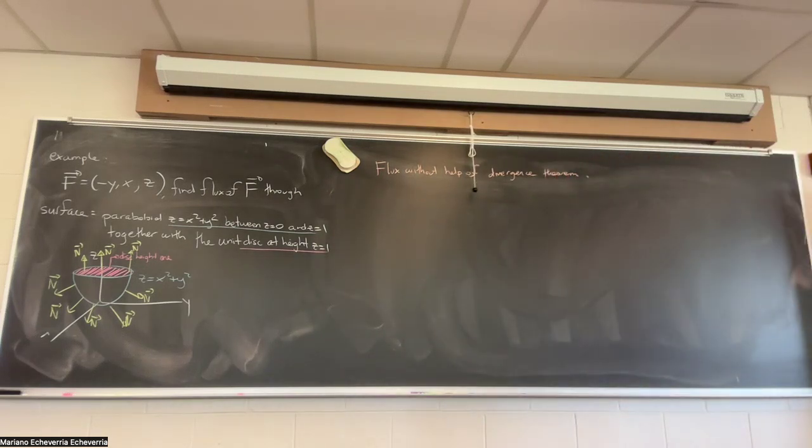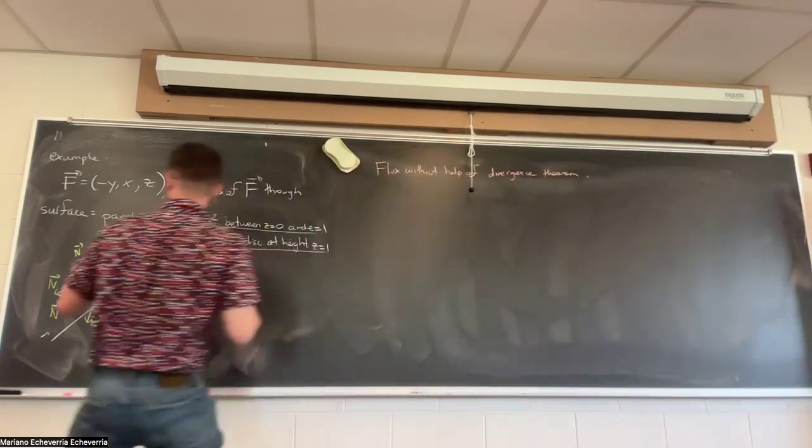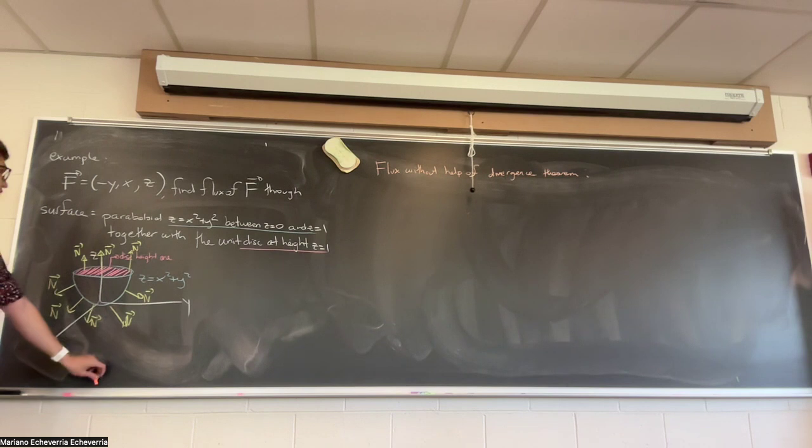So if you don't have the help of the divergence theorem, how do you find the flux? This surface really has two pieces, the top disk and the parabolic part.